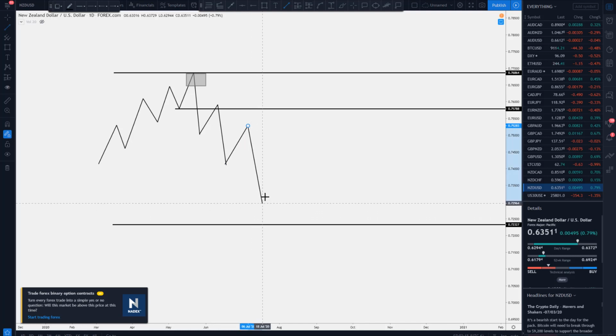Yep. Boom. And then from there, once it hits the other trend, you may see consolidation, or you may see price go a little lower and then turn around and do the exact same thing.